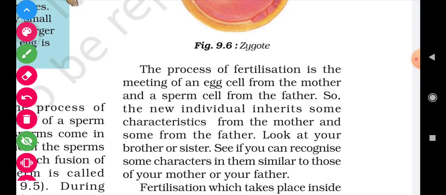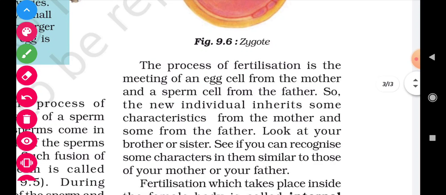So the new individual is produced after a few months. Because of these two cells, the individual inherits some characteristics of the mother and some from the father, because two cells play an important role in the process of fertilization.